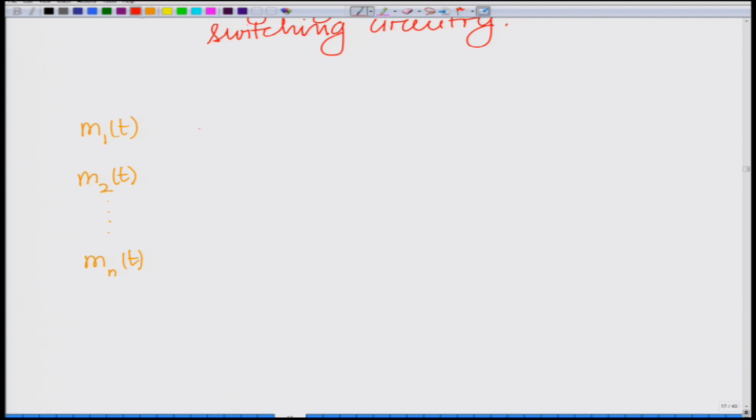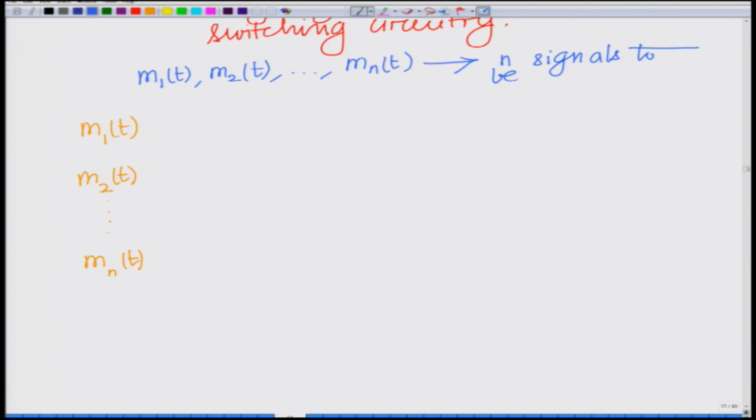These are the N signals to be multiplexed.